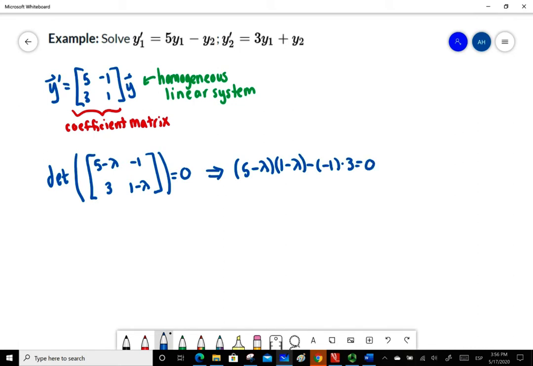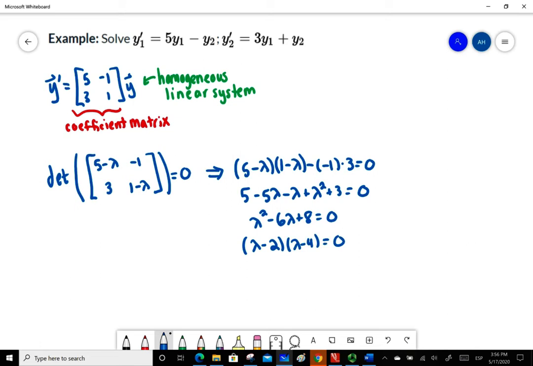Rewriting the equation, I get 5 - 5λ - λ + λ² + 3 = 0, or λ² - 6λ + 8 = 0, which factors as (λ - 2)(λ - 4) = 0. So the eigenvalues are λ1 = 2 and λ2 = 4.